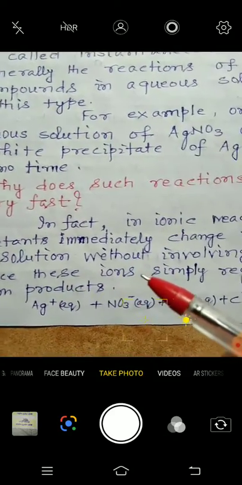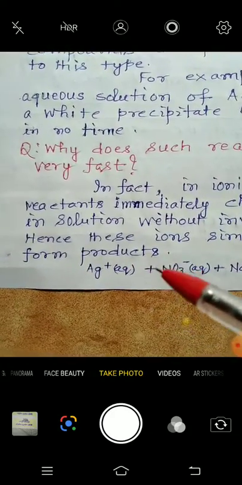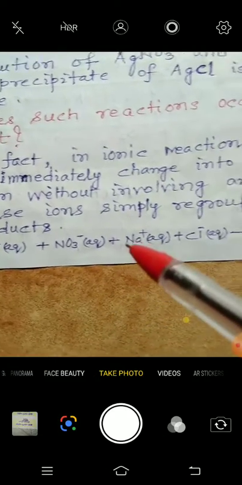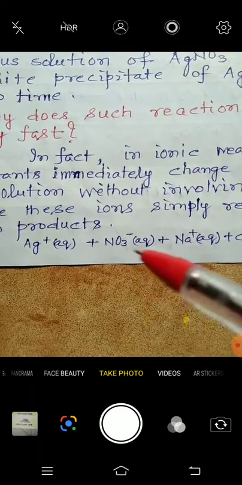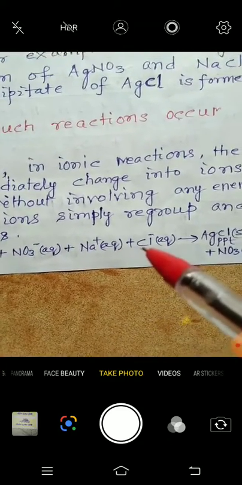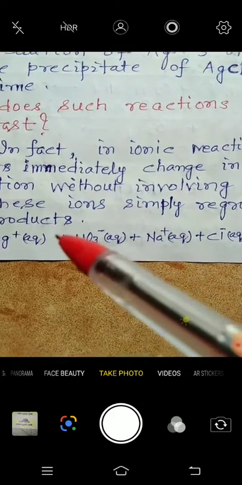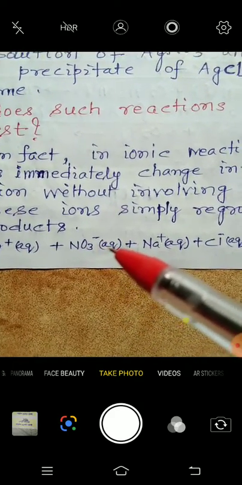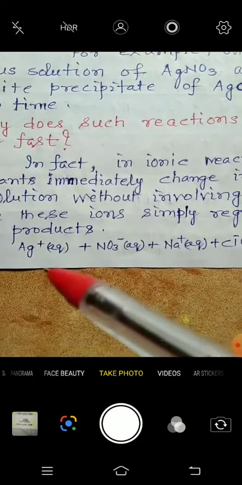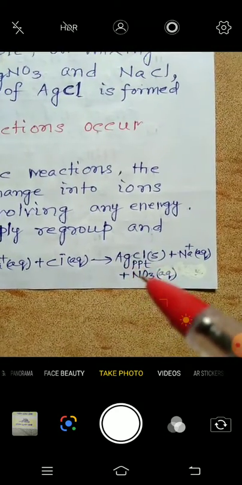Hence, these ions simply regroup and form products. So how do they regroup? See here. When we mix silver nitrate and NaCl, we have the following ions in the container, and the ions regroup, means nitrate ion attaches with the sodium, and chloride ion will attach with the silver ion, and you will get the silver chloride as precipitate.